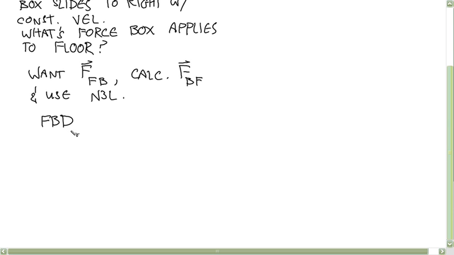Okay, so free body diagram of the box. So we have the 50 newton force, the 100 newton force, the 30 newton force.